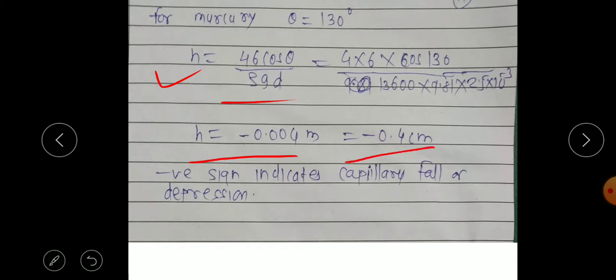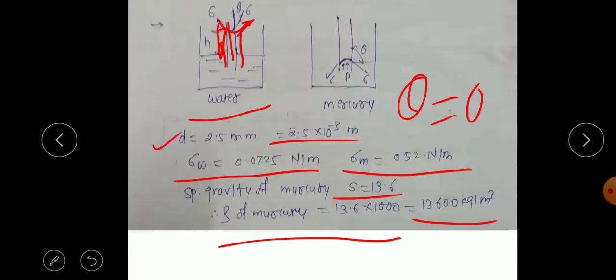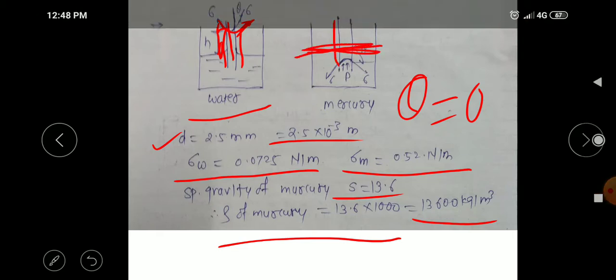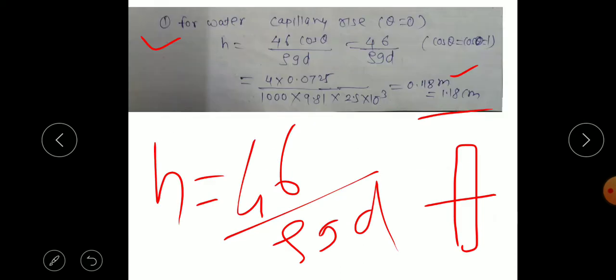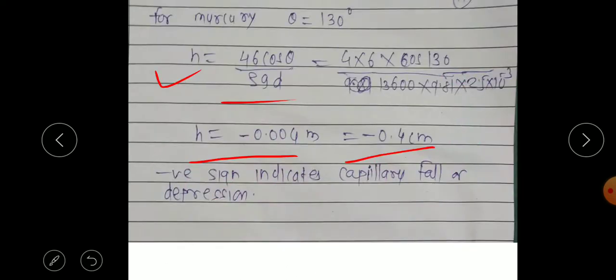The minus sign means here the capillary fall, also called depression, as we can see in the diagram. For mercury, this is the supposed level of mercury in the container, and the height of the mercury will be below this level. So h is negative for mercury, a negative capillary fall.